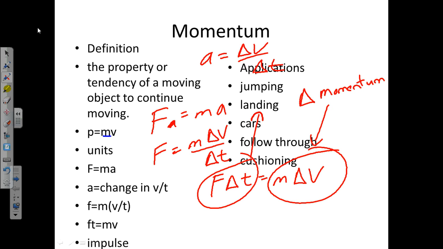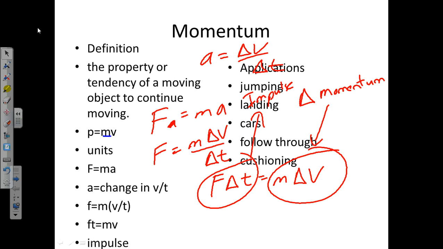This side we call an impulse. And this equation is called the impulse momentum theorem. It's essentially another way of writing Newton's second law. And it says if you apply a force over a time, that's going to cause a change in momentum. It's not going to change the mass, it's going to change the velocity. So that's impulse momentum theorem.